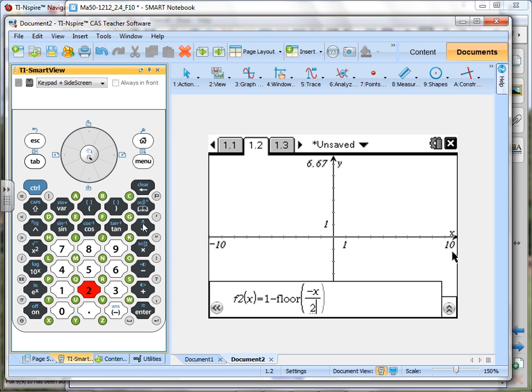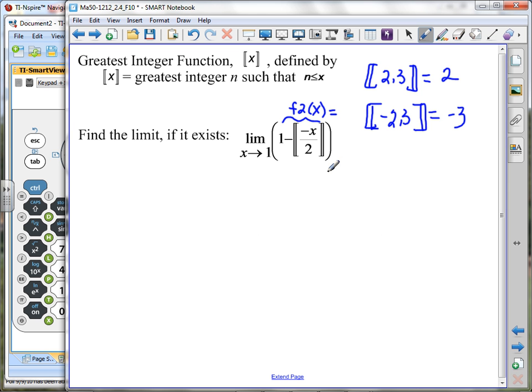Now, if I'm going to be approaching 1 from both sides, let me go back to the notes here. If I put in, let's say, x equals, let's see, a value less than, we'll let x approach 1 from the less than. I could put in 0.9, 9/10. Okay, so I have here then 1 minus the greatest integer that does not exceed negative 9/10 divided by 2.